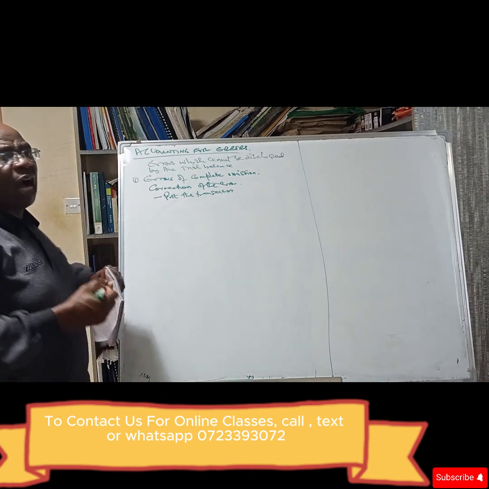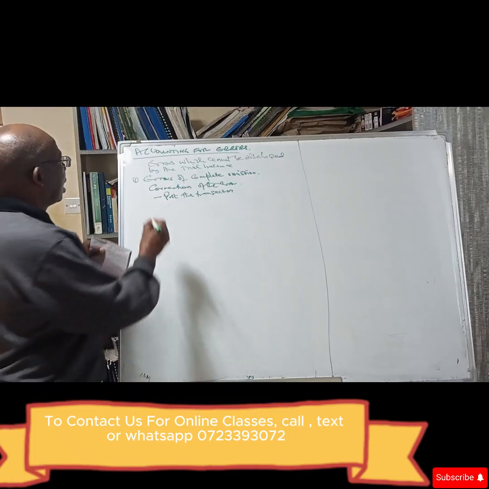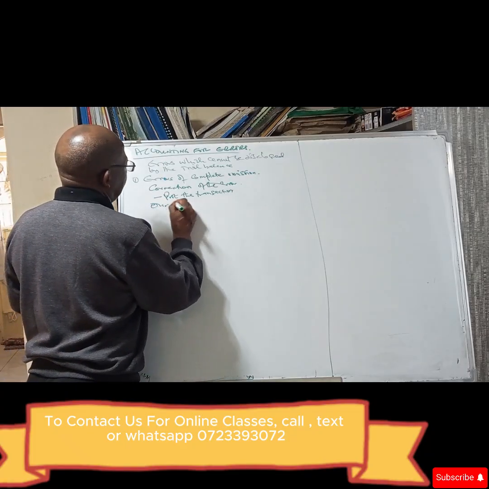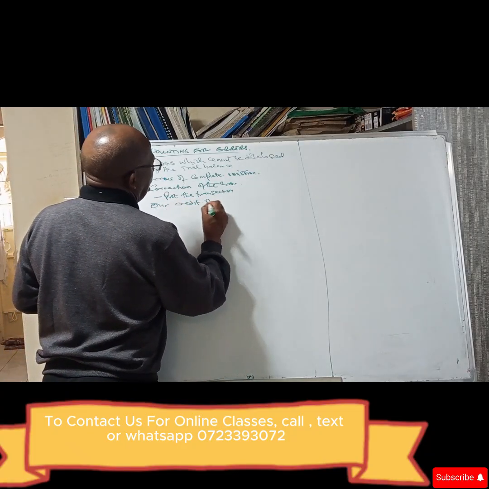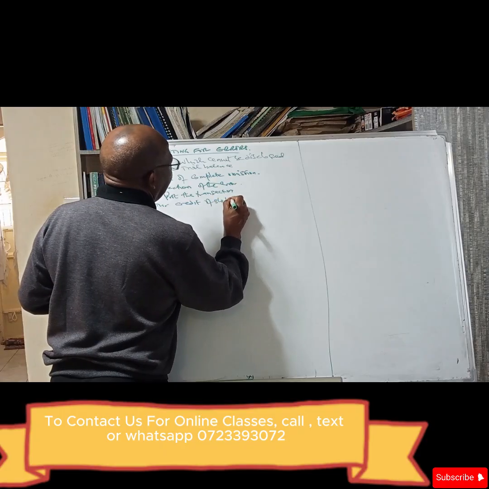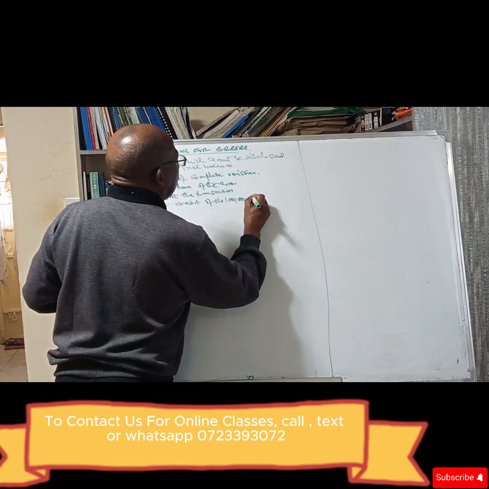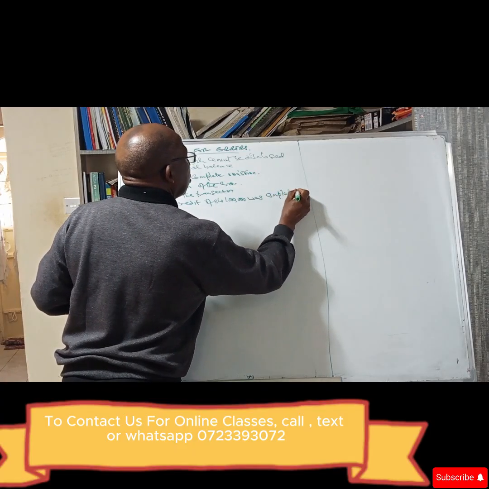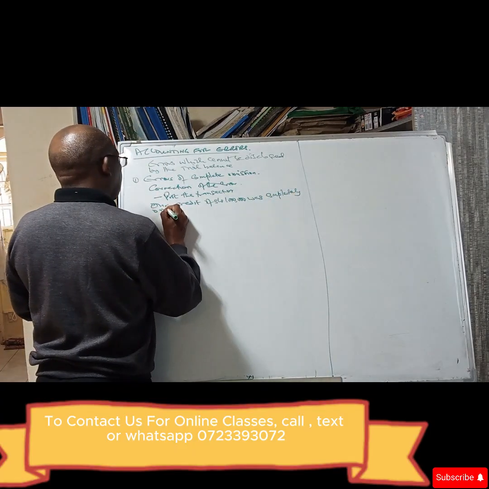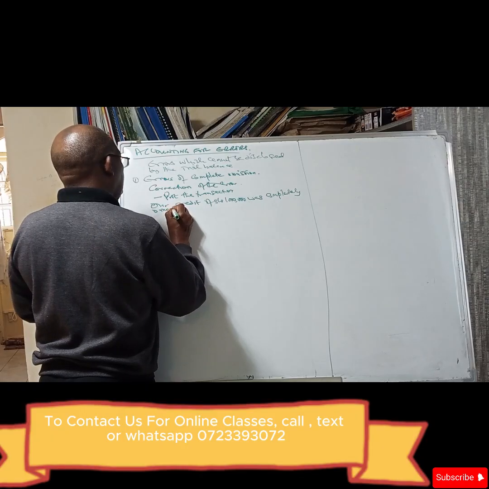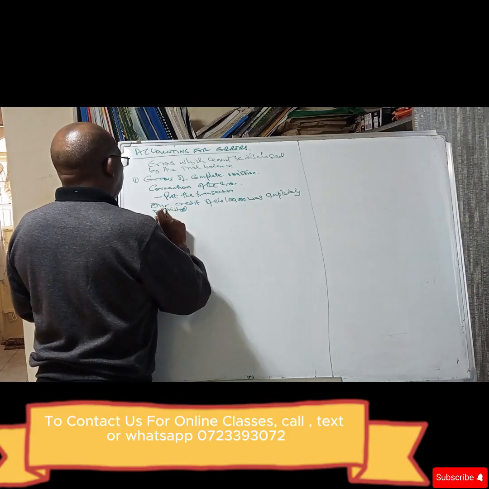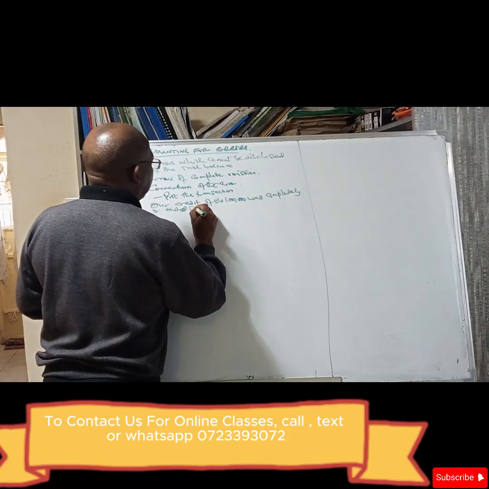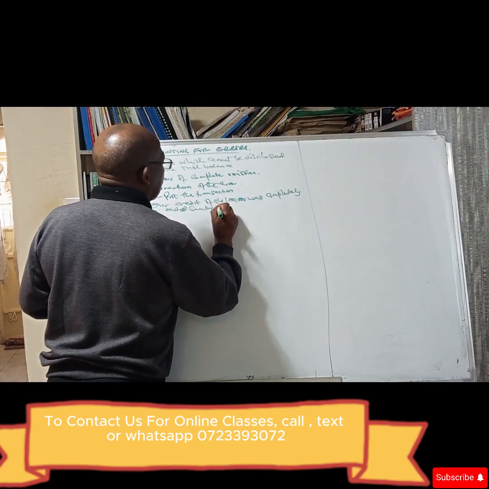For instance, our credit sale of shillings 1 million was completely omitted from the books of accounts.